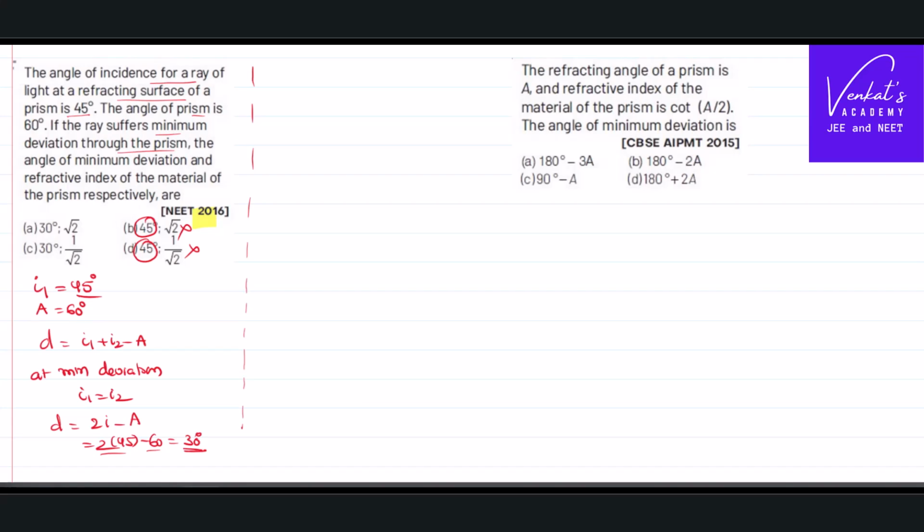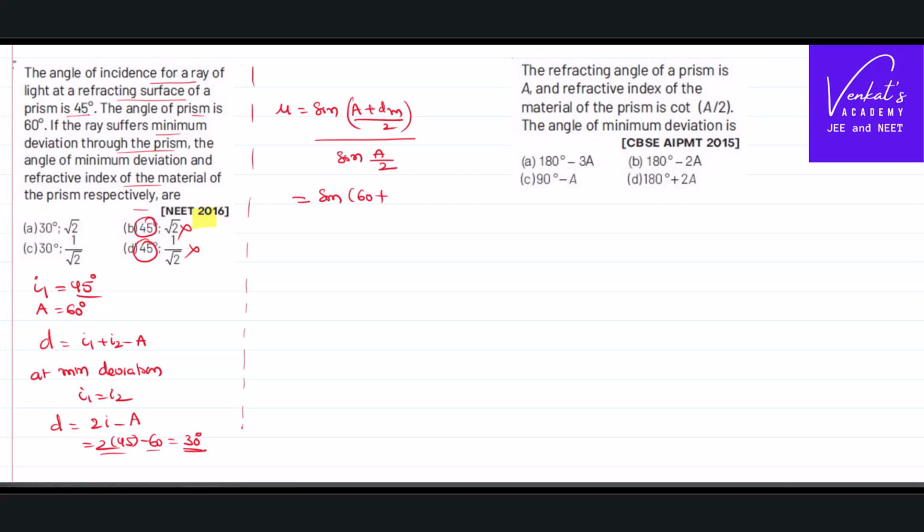Then further he is asking, what is the refractive index of the material of the prism? We can find it using the formula mu equals sin of (A plus d minimum) by 2, divided by sin of A by 2. This can be used only when the prism is in the minimum deviation position. As it is given that it is in minimum deviation position, I can use this.